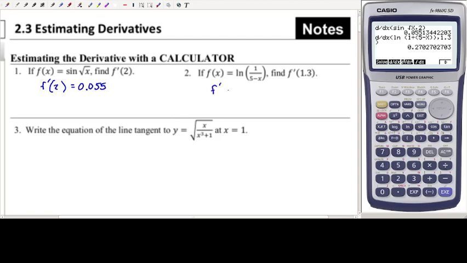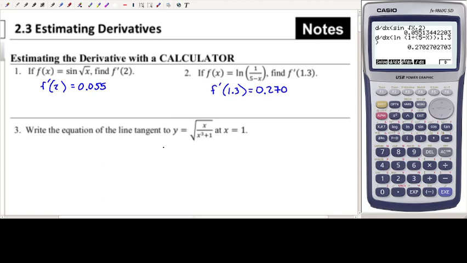So the f prime of 1.3, or the derivative of the function at the point 1.3 is 0.270. Round or truncate to 3 decimals. And that comes in handy for us, again, if we want to do something like write the equation of the line tangent to a certain function at a certain point.